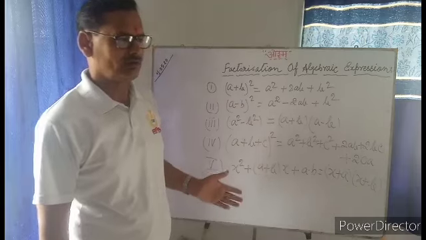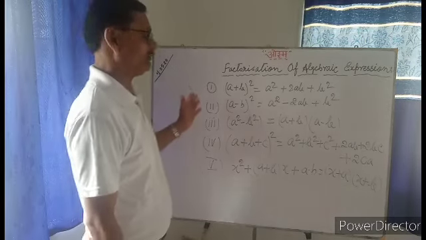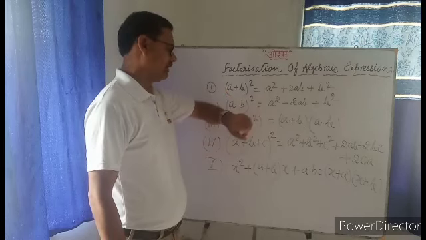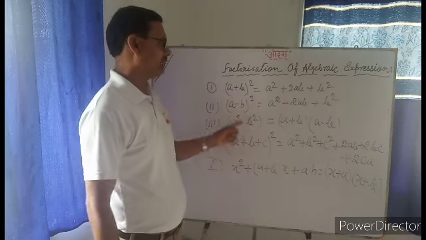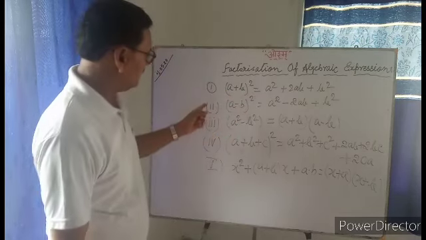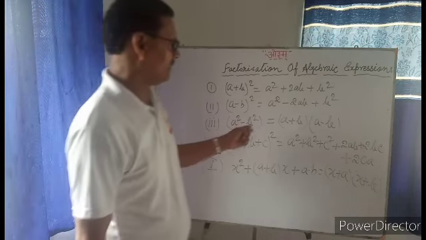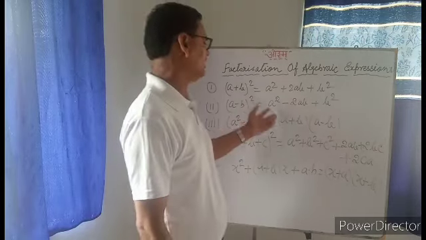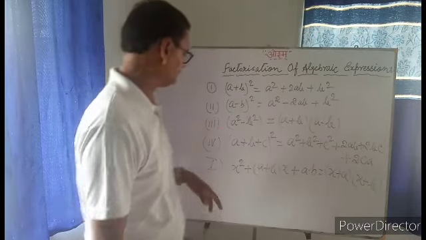Identity number one: (a + b) whole square is equal to a square plus 2ab plus b square. (a - b) whole square is a square minus 2ab plus b square. I had already told you that here only the middle term is minus.